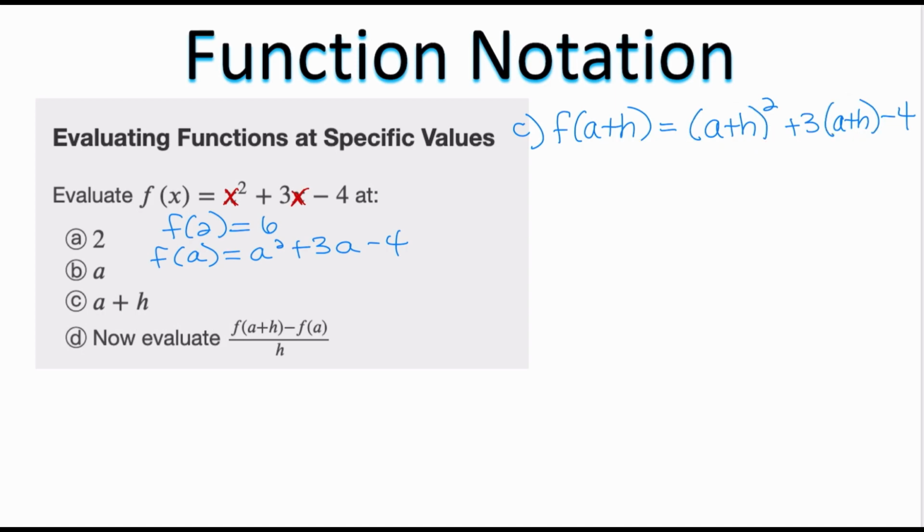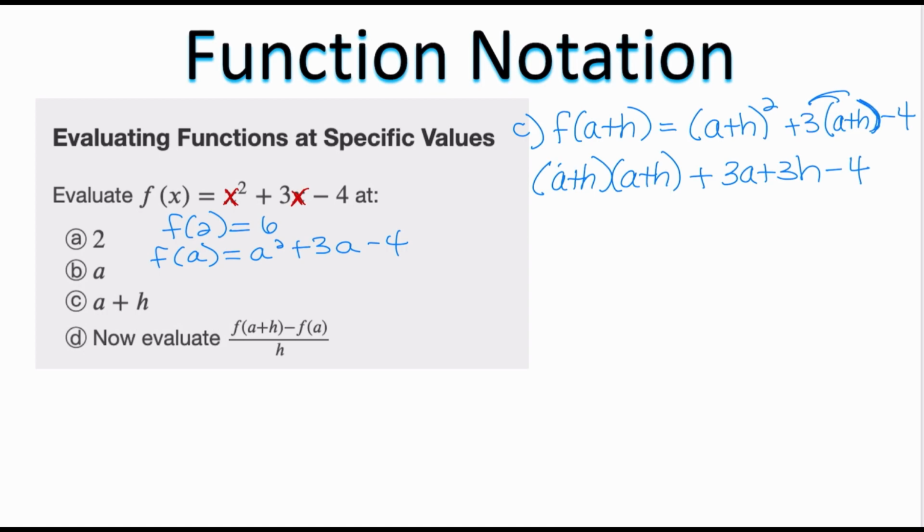Now, in order for us to simplify, I have to find out what (a plus h) squared is. That means (a plus h) times (a plus h), plus 3a plus 3h because I distributed, and then minus 4. Be careful not to distribute that 3 to the minus 4 because the parentheses ends right here after the h.